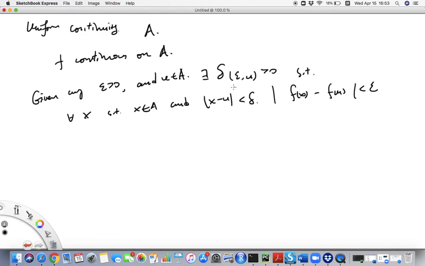So the important thing to note is that delta in general depends on epsilon and u.